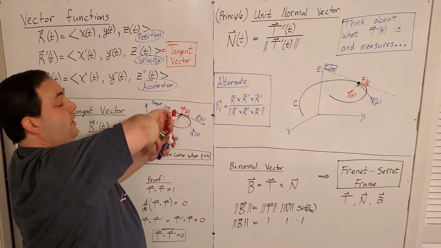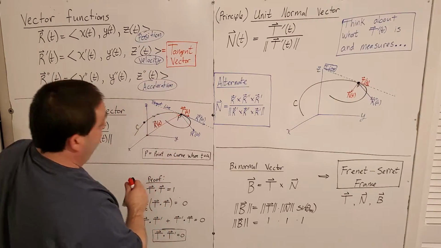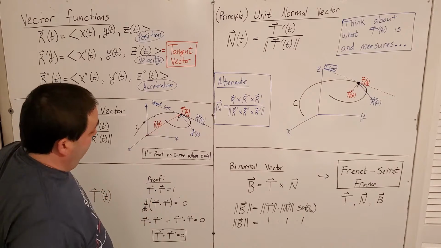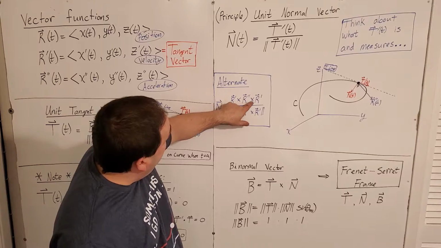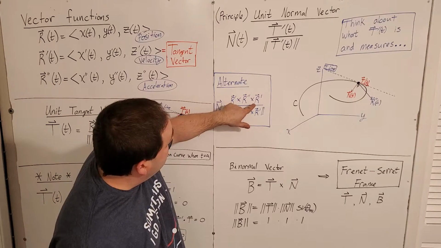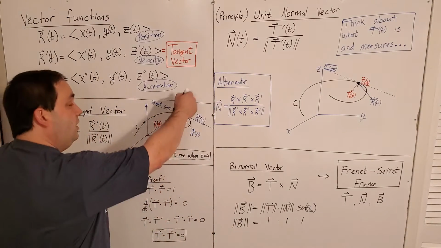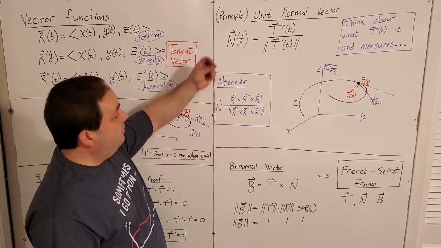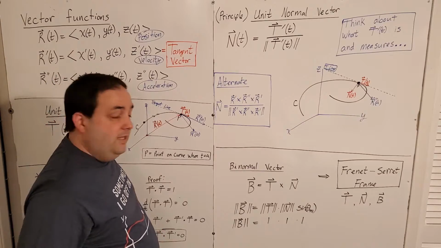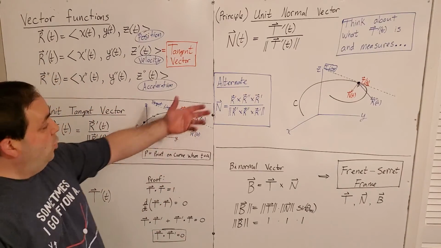It's going to have to go this way, crossing into it like that. So by doing these cross products in that order, you're actually going to get the normal direction. Then dividing by its own length makes it a unit vector. And so you get the normal vector this way.